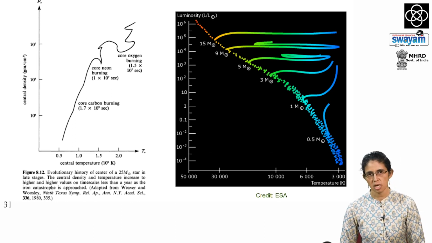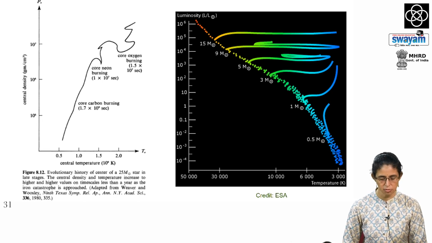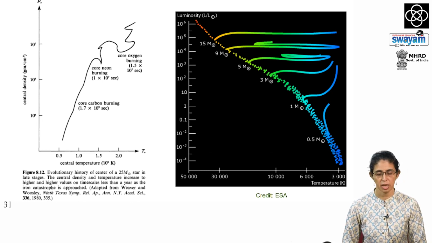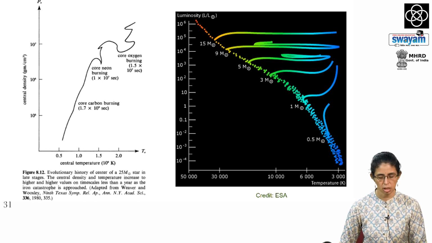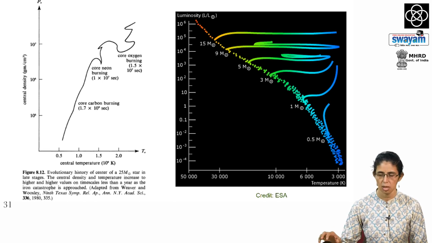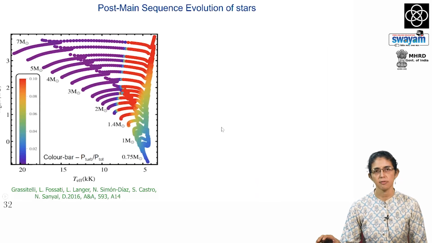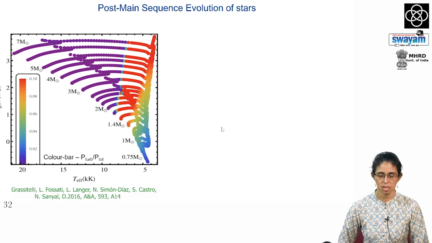The time scales are also mentioned here, and one can see that the core carbon burning phase, for example, lasts for 10 power 9 seconds, whereas the core oxygen burning phase lasts just for 10 power 7 seconds, and the successive element, the nuclear fusion, takes even less time, which suggests that the later evolutionary stages of these stars happen on very fast time scales.